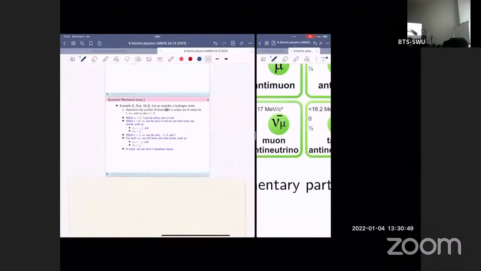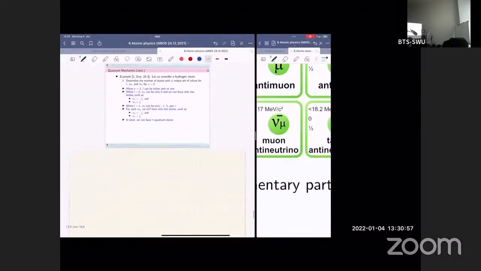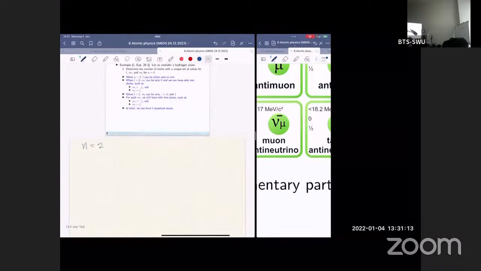Determine the number of states with a unique set of values for L, ML, MS for n equal to 2. Once you have n equal to 2, L could be, what is that?